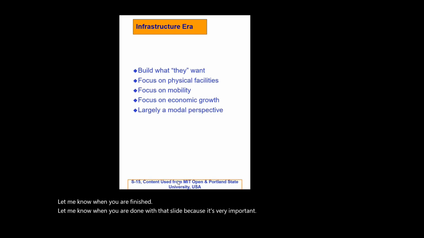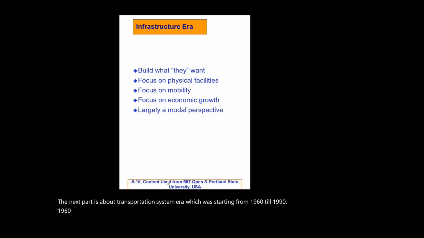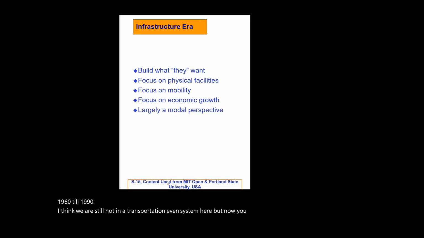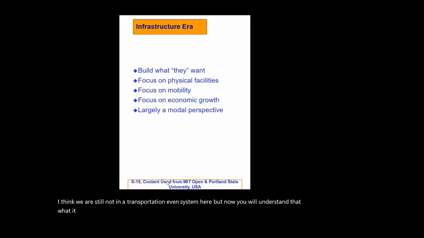The next part is about the transportation system era, which was from 1960 till 1990. You will now understand what actually connects in the transportation system.